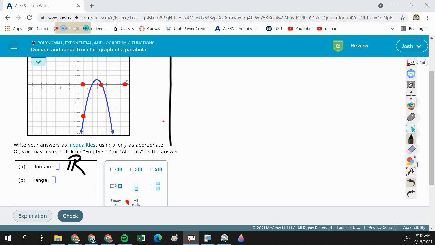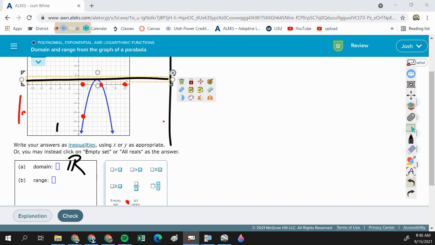And then for the range, we go the other way. If I draw a horizontal line, does that horizontal line ever miss the graph? Yes. So what describes the range in this case? Y is every number less than or equal to 1.